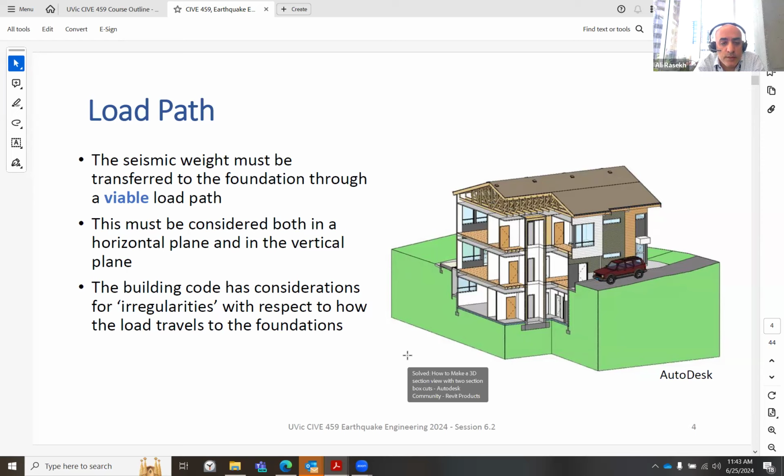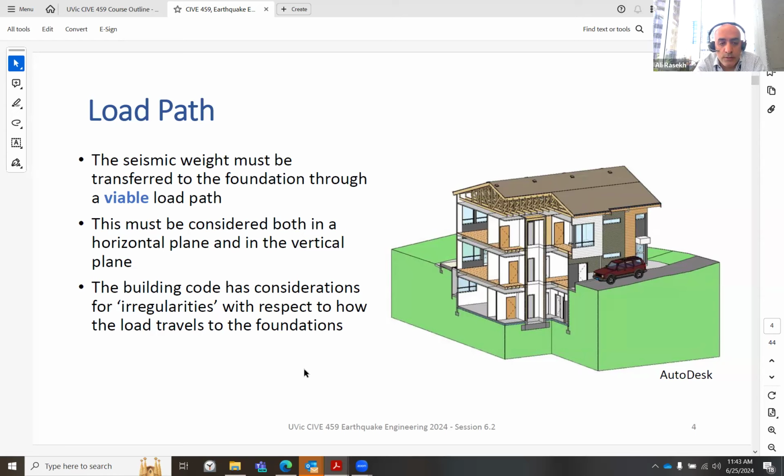This must be considered both in a horizontal plan and in vertical plan. So vertical is mostly weight or vertical earthquake, which is becoming more important. And horizontal means lateral loads caused by the earthquake. They should go to the foundation.